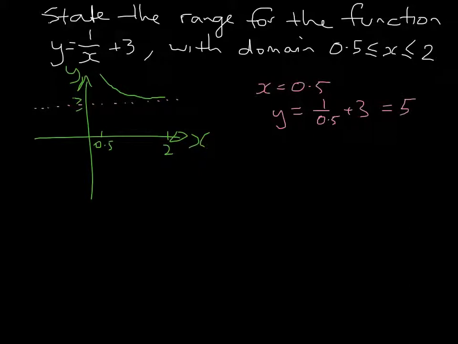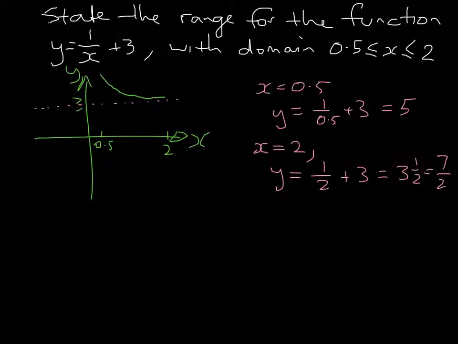And then, when x is equal to 2, y will be equal to 1 over 2 plus 3, which equals 3.5. Or if you prefer it as an improper fraction, 7 over 2.